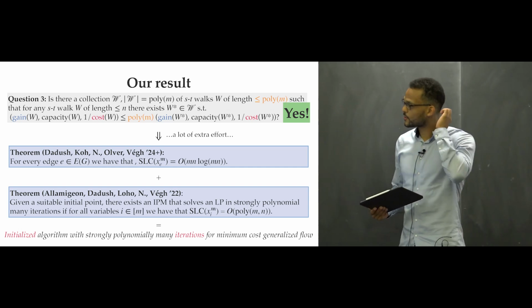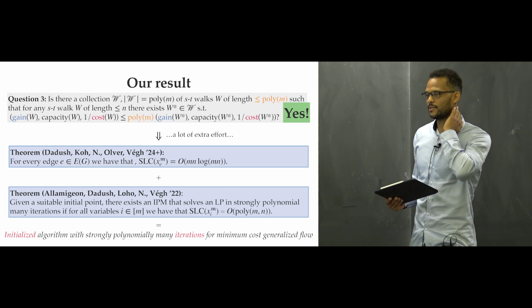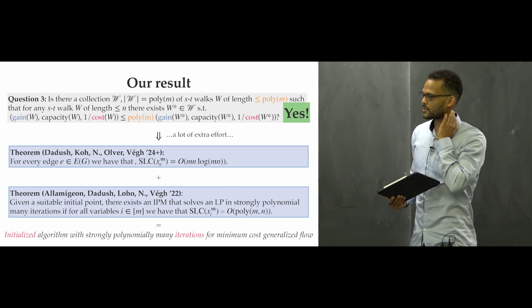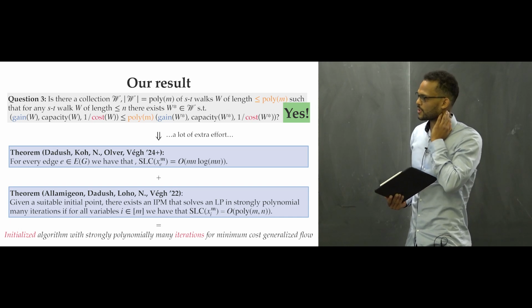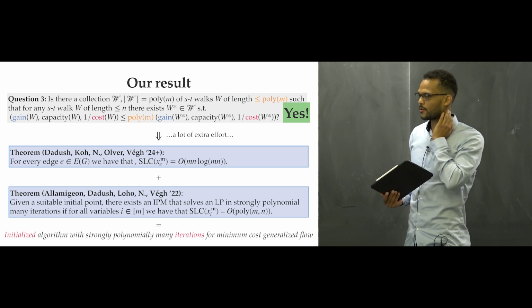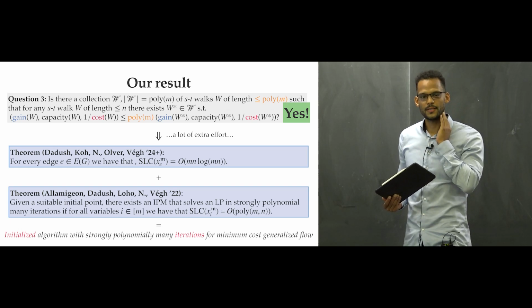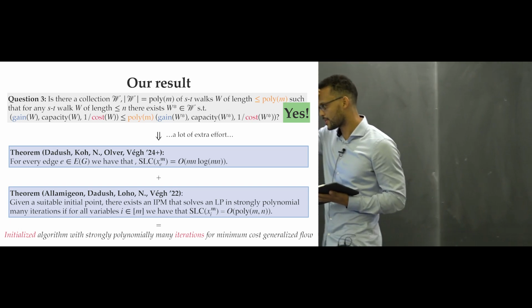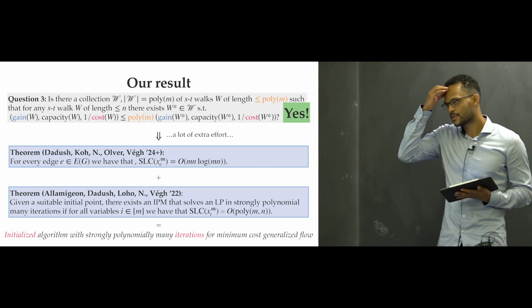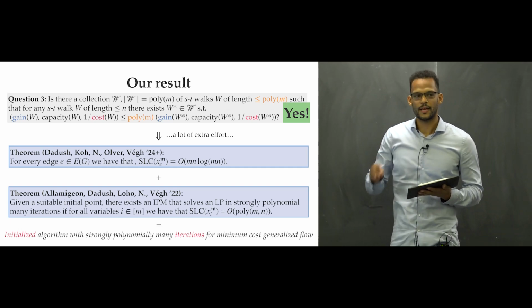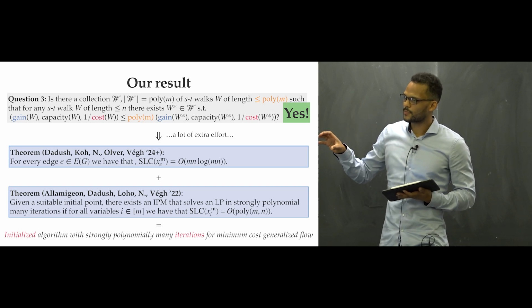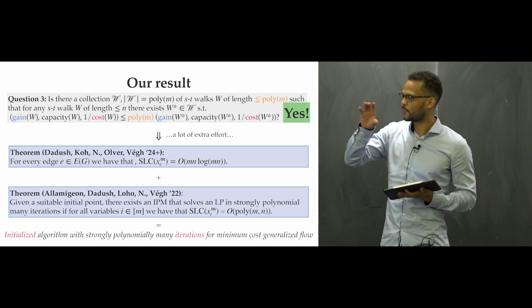Okay, now there are two things here marked in red, and those are non-trivial things to resolve. How do you initialize is the first question. And the second question is, you say these many iterations, but you don't say what the bit complexity is or what the complexity of the numbers is that you generate. One issue with interior point methods is that you solve a linear system in every iteration, and the data of the linear system in the next iteration depends on the solution of the previous system.